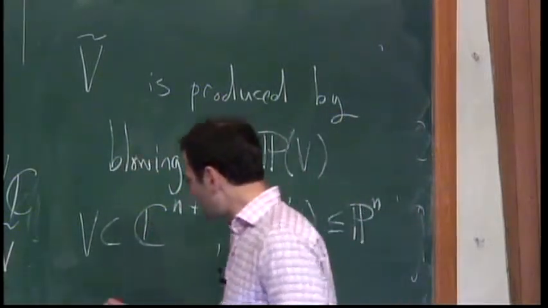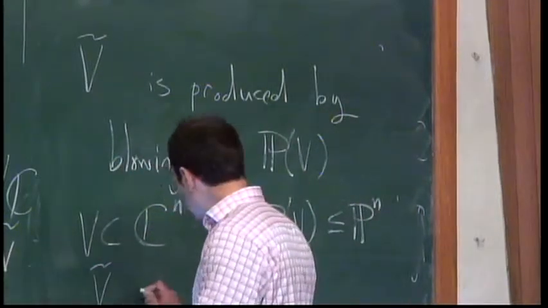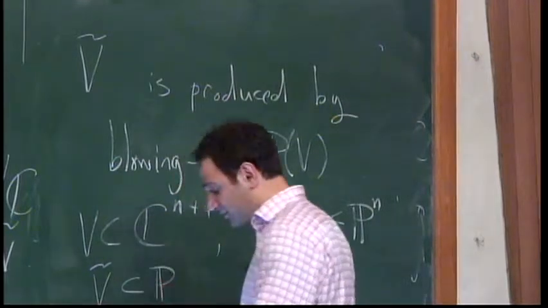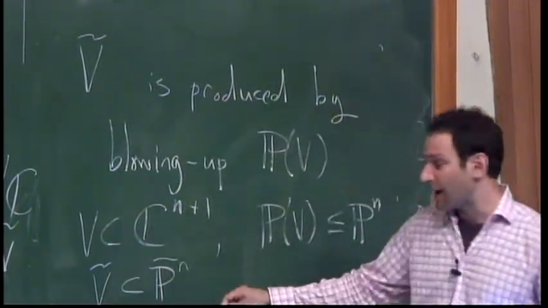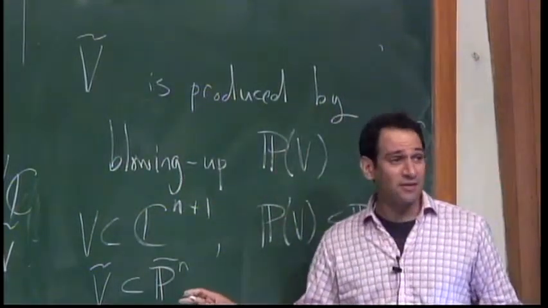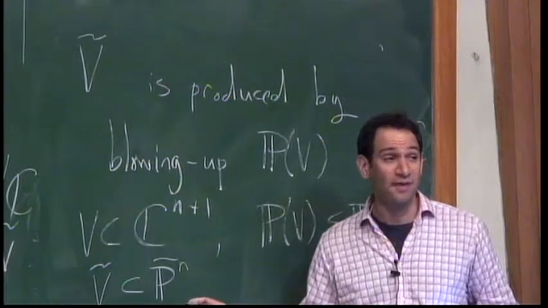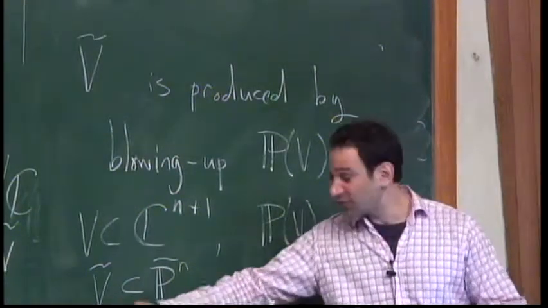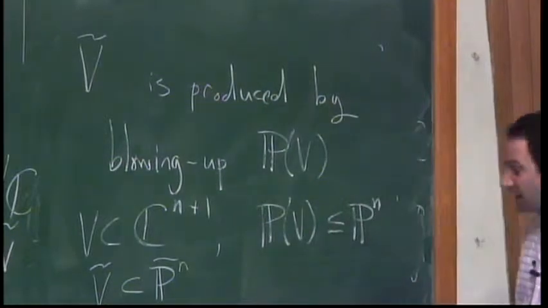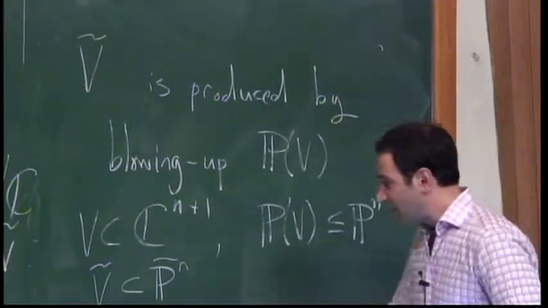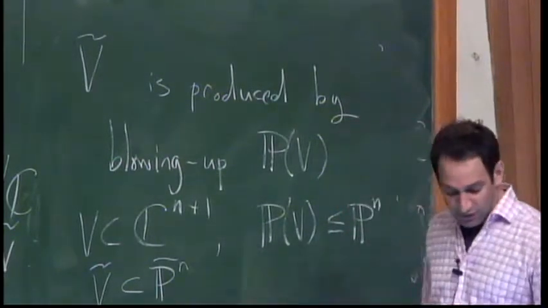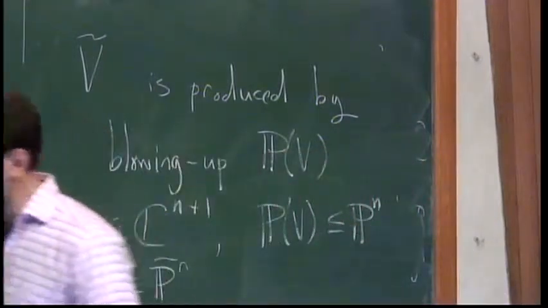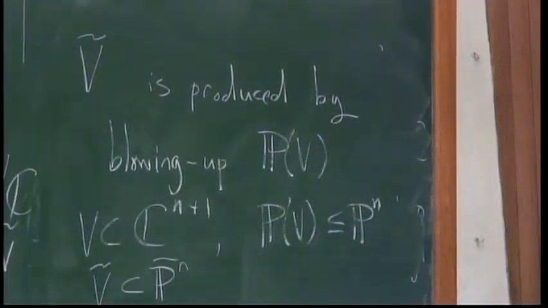And V tilde lives in a blown-up projective space. So if we apply the same operation to P^n, where we just blow up all the coordinate subspaces and then take the proper transform of V, we get V tilde. And really, you should think that V tilde resolves a Cremona transform. So really, you should think of the following happening.